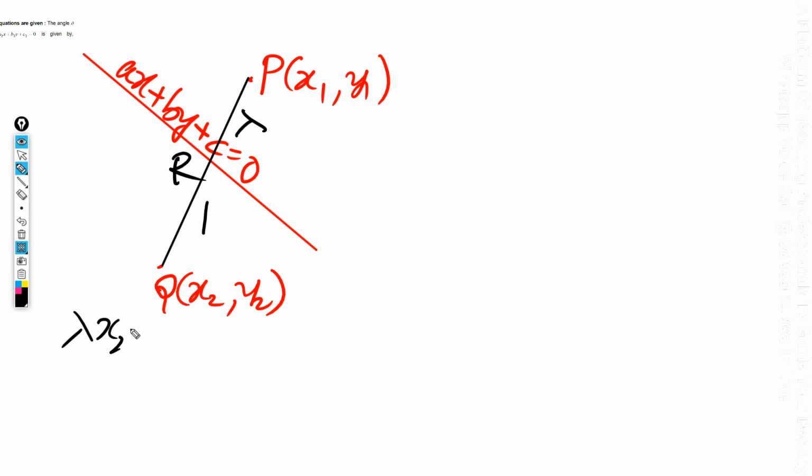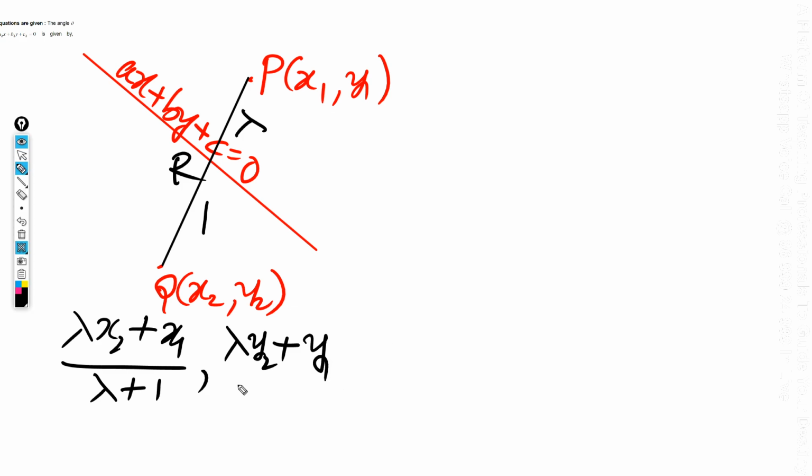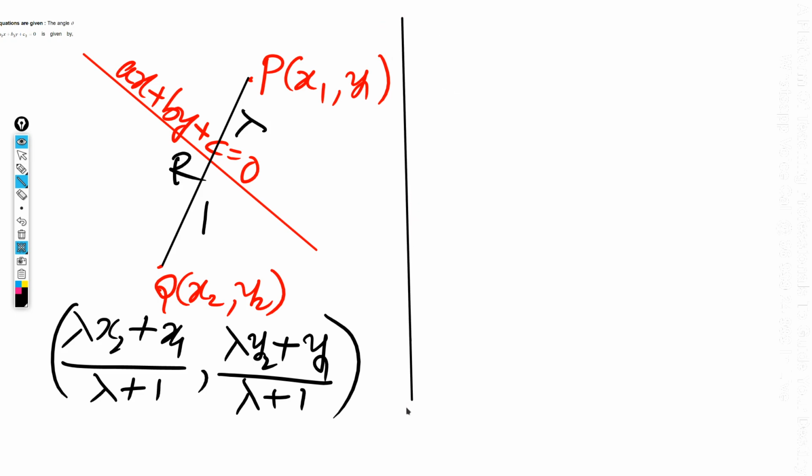The x coordinate is lambda x2 plus 1 x1, by lambda plus 1. Y coordinate: lambda y2 plus y1, by lambda plus 1.